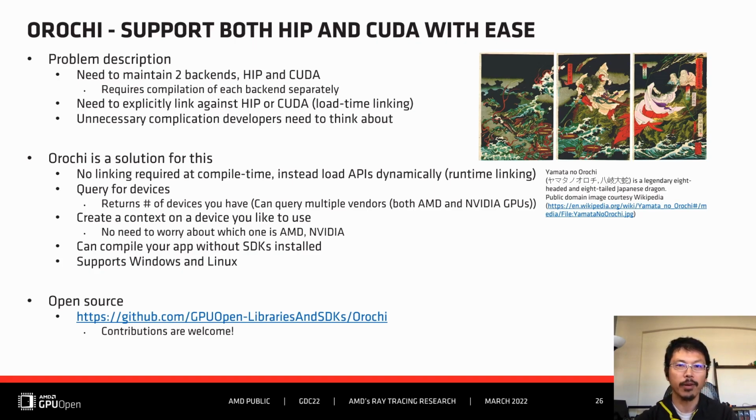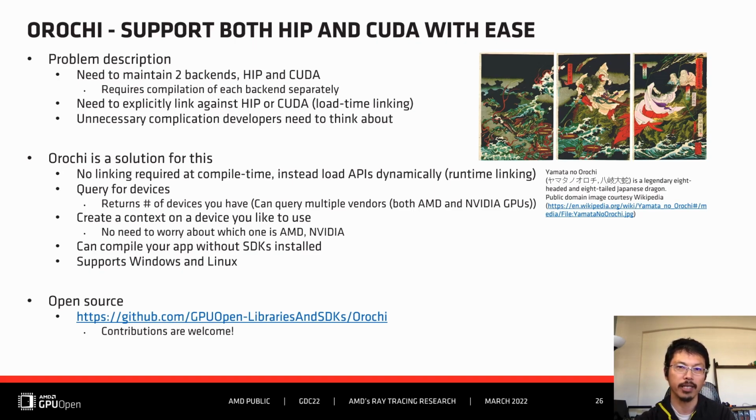AMD has been developing the HIP programming language actively for a while, and NVIDIA has the CUDA programming language. Their APIs are very similar. However, developers need to maintain two different backends separately. We think this is nothing but a complication a developer does not need to worry about.